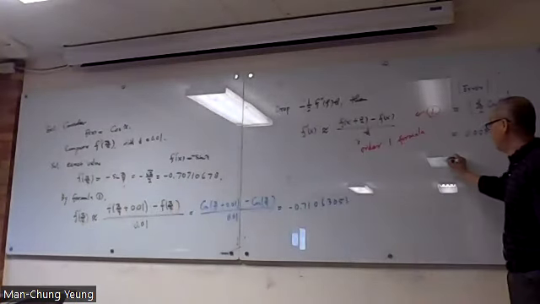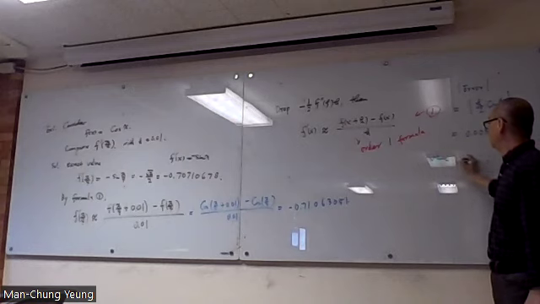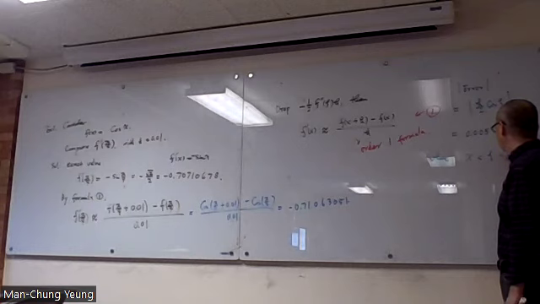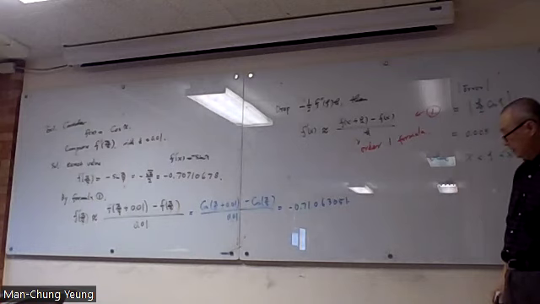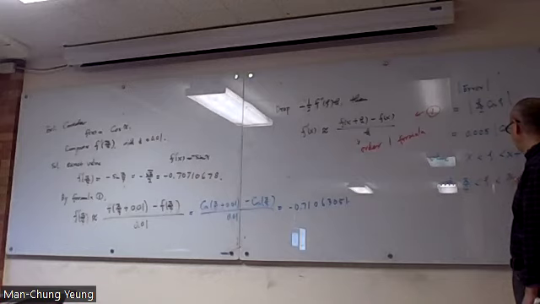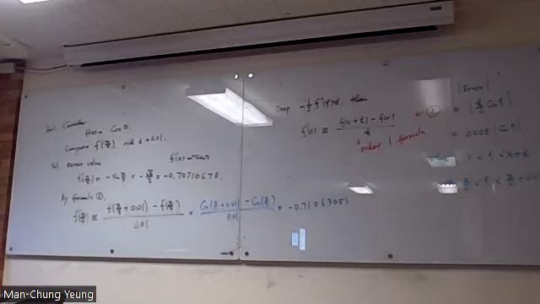Where? Sine is between x and x plus h. Here x is pi over 4 and h is 0.01. I know sine is between these two numbers.